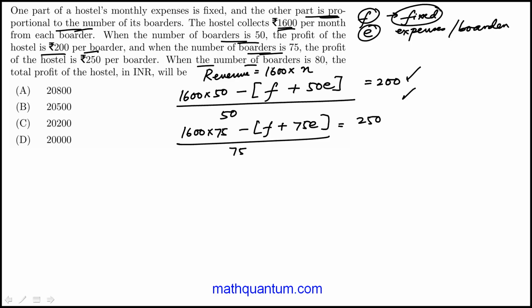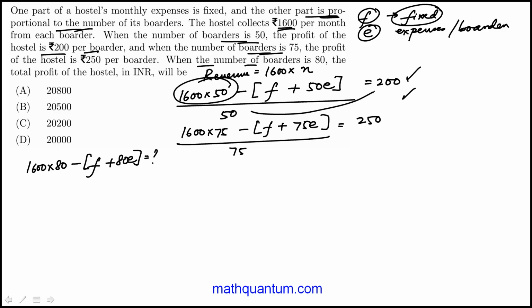If I look at this, the number of borders is 80, the total profit is 1,600 times 80 minus F plus 80E. And there's no way for me to get to this directly without solving for the variables. So I'll just have to do the algebra here.